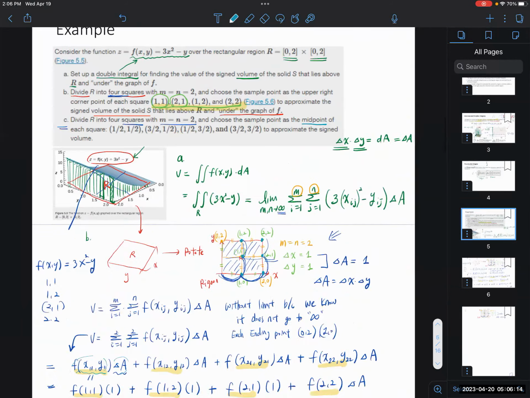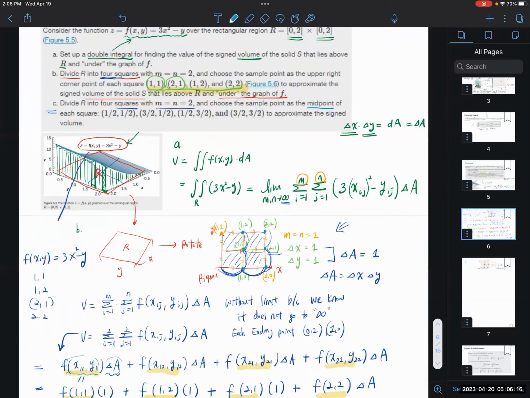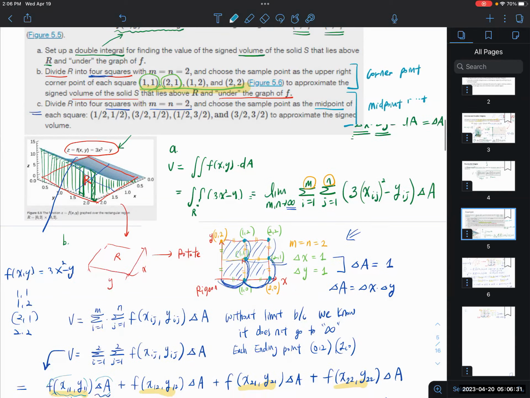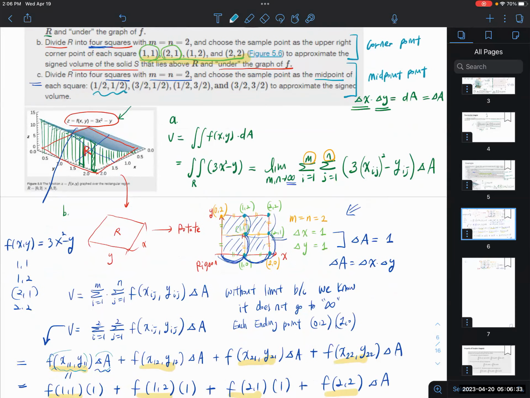But the difference is in B, we focus on the upper corner, which is a corner point. So in B, we focus on the corner point to achieve the same goal. In C, we are using the midpoint. Okay. So the midpoint is going to be here. We have 1, 1, but instead of choosing this one, you're going to choose a midpoint, which is here.